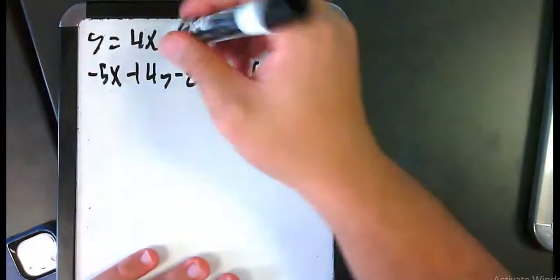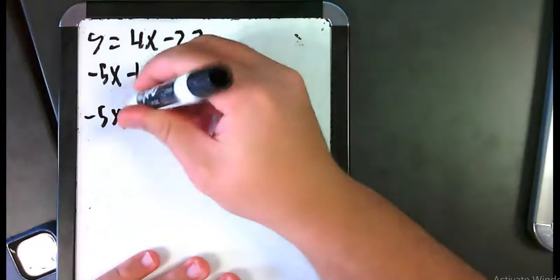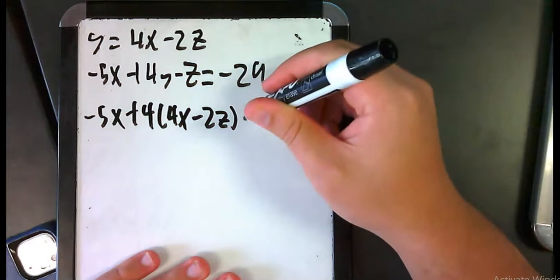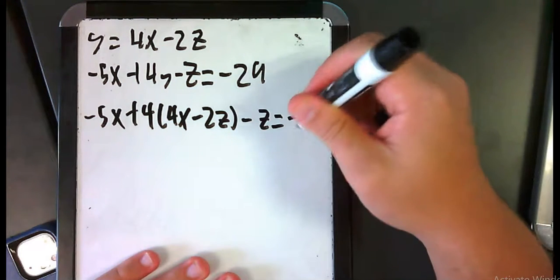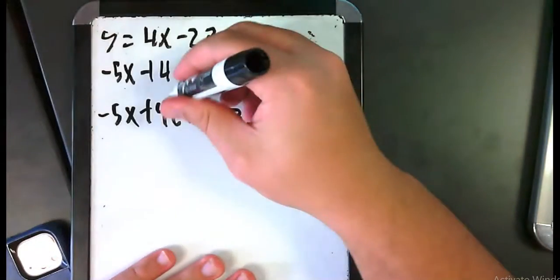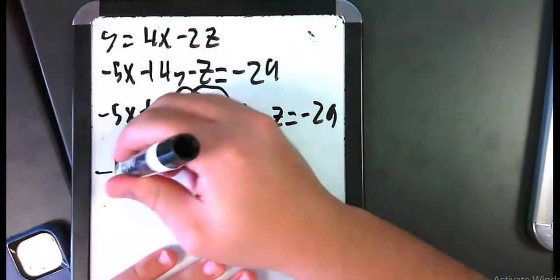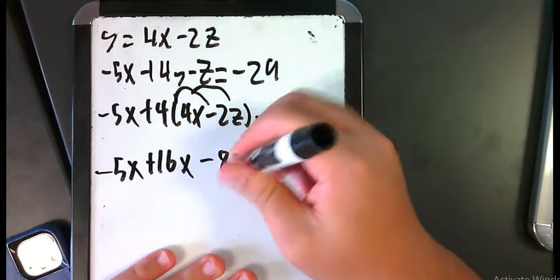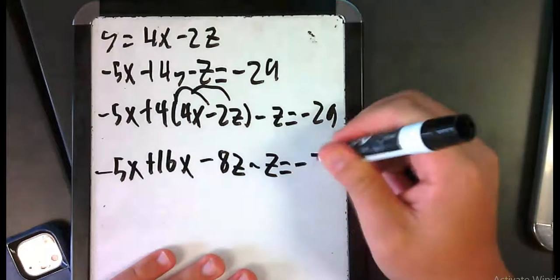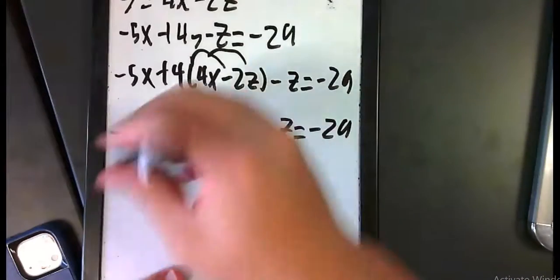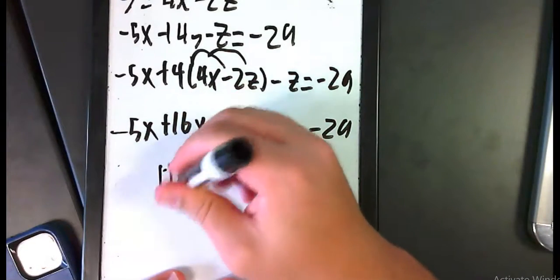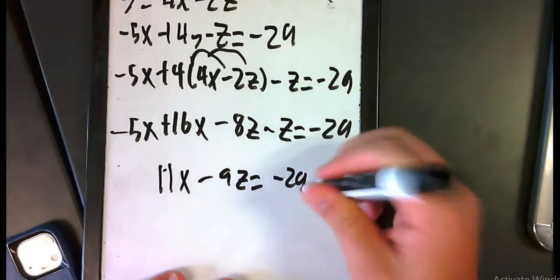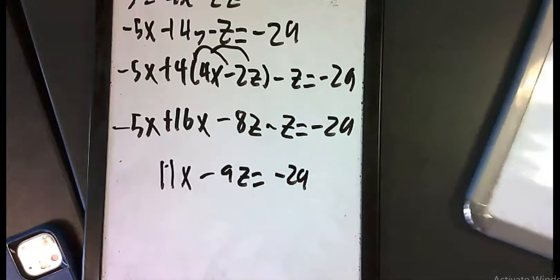So we plug that into here, so we have negative 5x plus 4 times 4x minus 2z, minus z equals negative 29. From here we distribute: negative 5x plus 16x minus 8z minus z equals negative 29. If we combine like terms, we should have 11x, and then that becomes negative 9z equals negative 29.